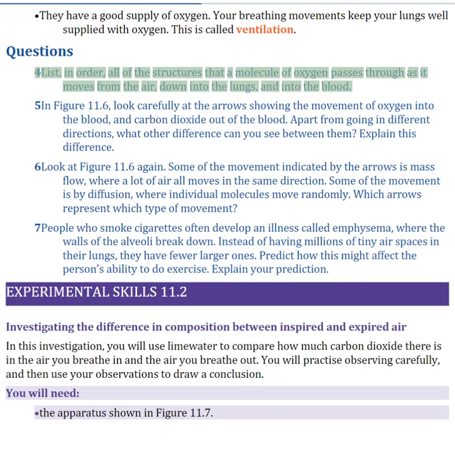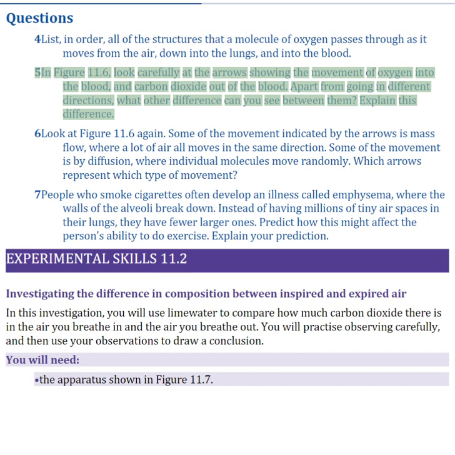4. List, in order, all of the structures that a molecule of oxygen passes through as it moves from the air, down into the lungs, and into the blood. 5. Figure 11.6. Look carefully at the arrows showing the movement of oxygen into the blood, and carbon dioxide out of the blood. Apart from going in different directions, what other difference can you see between them?